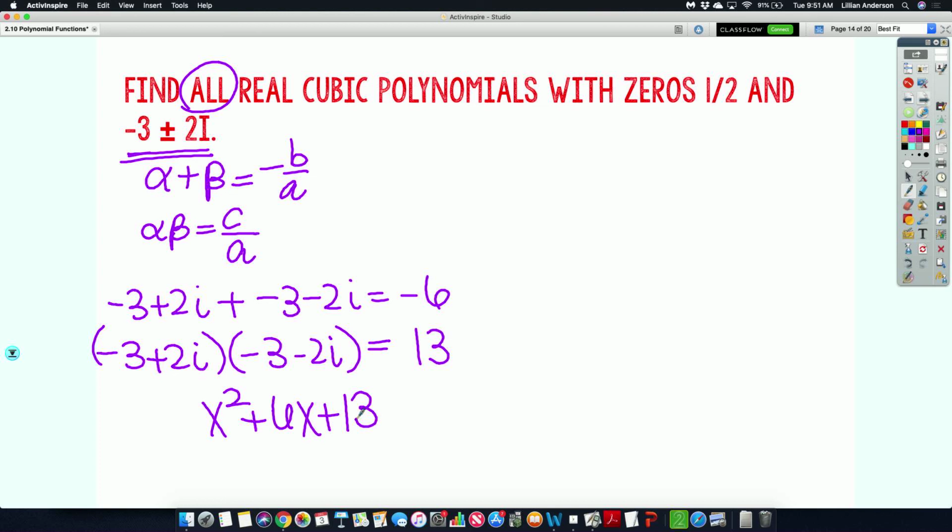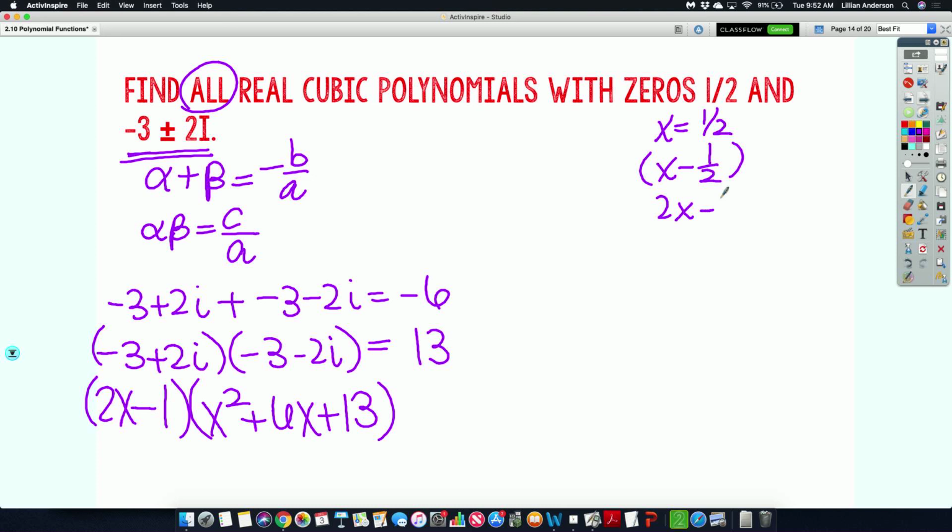And then since we have a 0 of 1/2, which is a real 0, we can write that as a factor as well. How would I write 1/2 as a factor? x minus 1/2, or 2x minus 1. Very good. Because remember, that's like just saying x equals 1/2. Before, it would have been x minus 1/2, but remember, bottoms up, you can bring that bottom right on up.